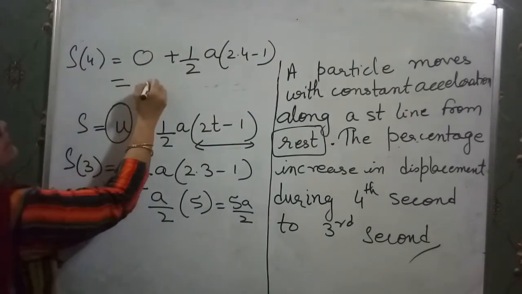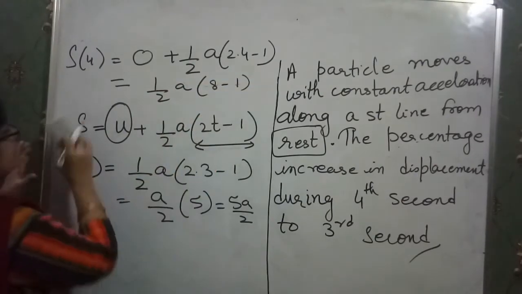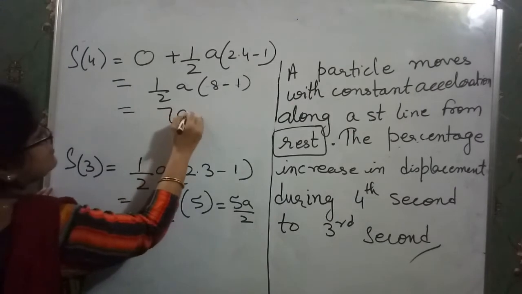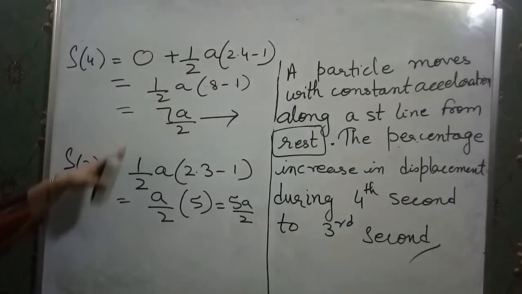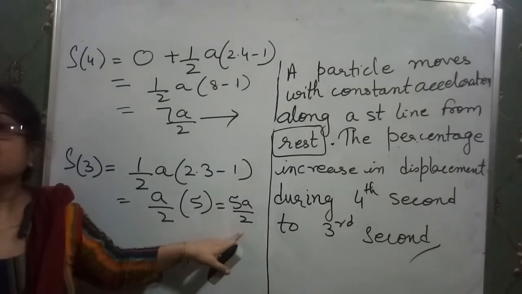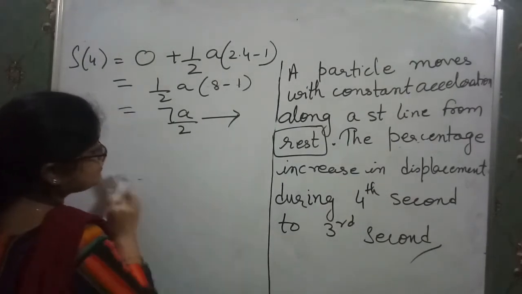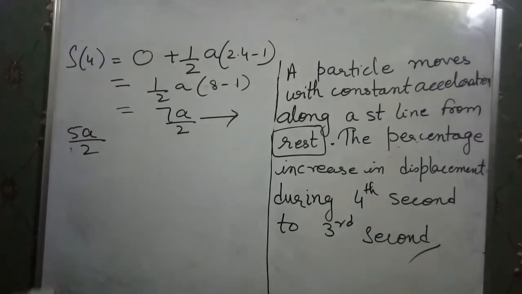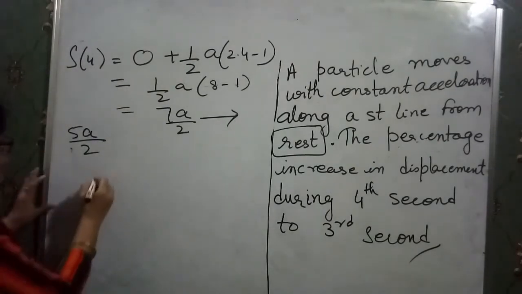So we have half a into 8 minus 1. So what answer do we have? 7a by 2. This is the distance covered in the 4th second. This is the distance covered in the 3rd second. Now we have to find the percentage increase. For finding the percentage increase, what is the formula?